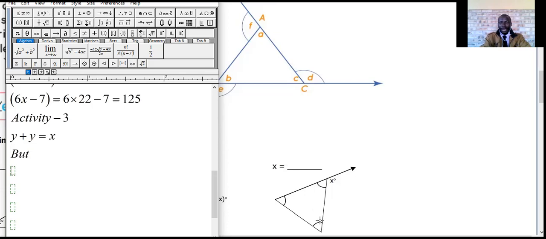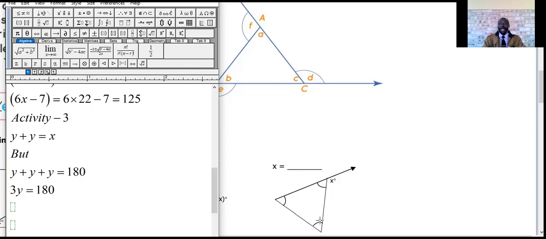In statement, the interior angles of a triangle add up to 180 degrees. That means when we add the angles inside this triangle, we must be able to get 180 degrees. That then means 3y is going to be equal to 180, because when we add y to another y to another y, what we get is 3y.